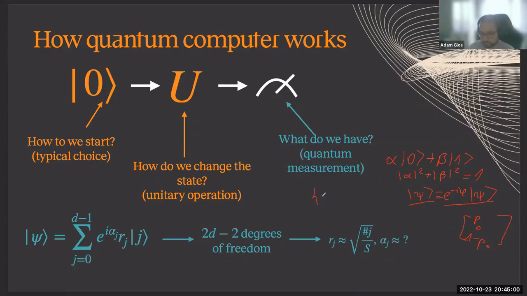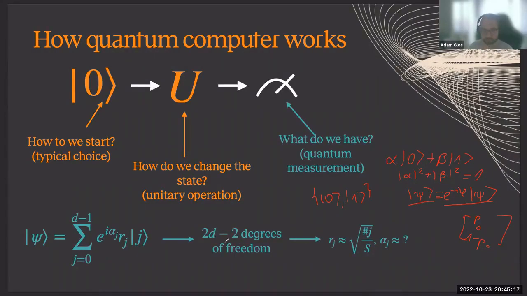If we perform the measurement only in the z basis, 0, 1, then because this gives us a probability distribution, we can find out only 1 degree of freedom.